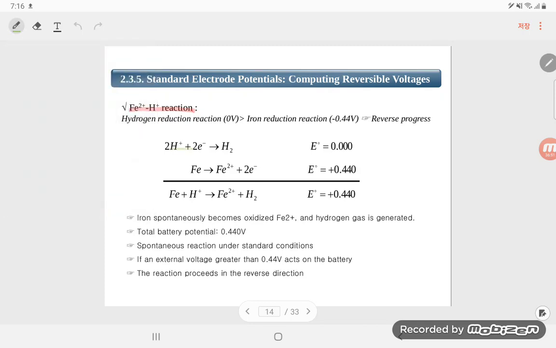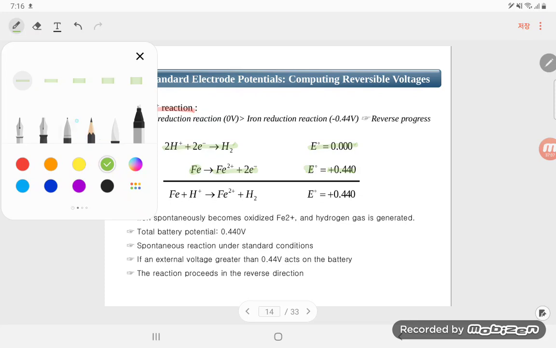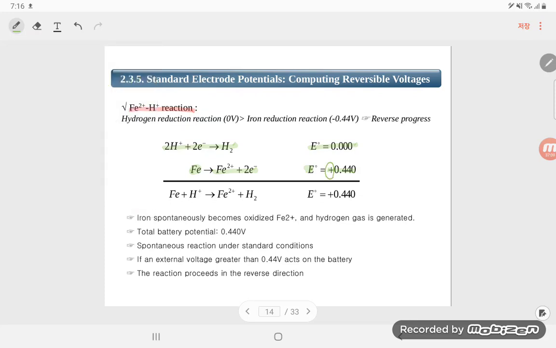So as we anticipate, the hydrogen ion is reduced and the cell voltage is 0, and iron is oxidized, and the potential cell voltage is reversed, as the movie clip explained.